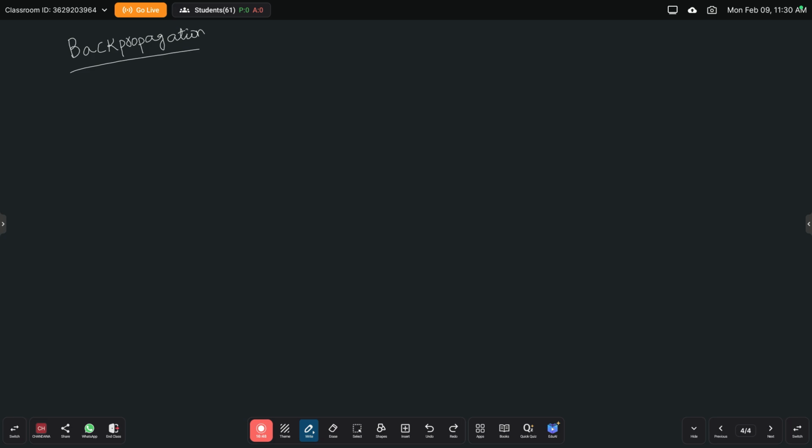Okay, backward propagation. In backward propagation again we are calculating the error at each node. In forward propagation we calculate the error at the output node only.